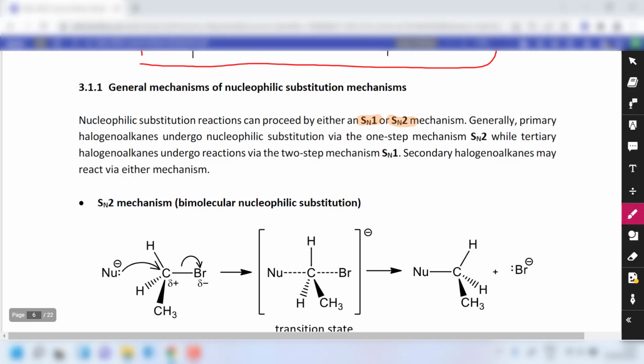SN2 stands for second order nucleophilic substitution. Certain textbooks or online resources call SN1 unimolecular nucleophilic substitution, and SN2 bimolecular nucleophilic substitution. It doesn't matter how you describe it, as long as you and I are on the same page.